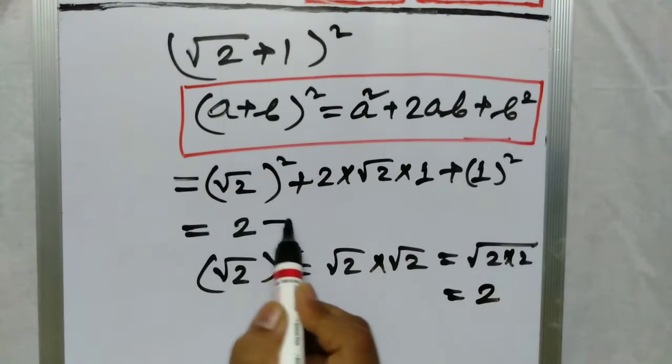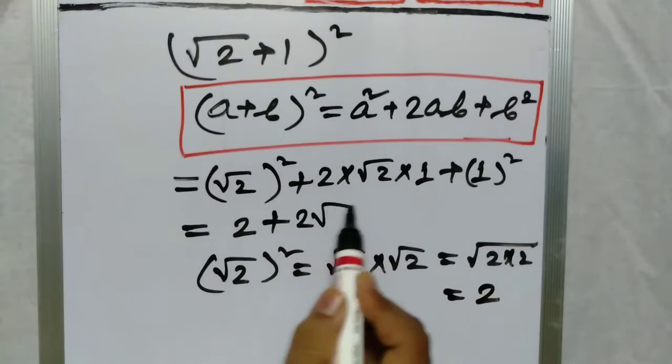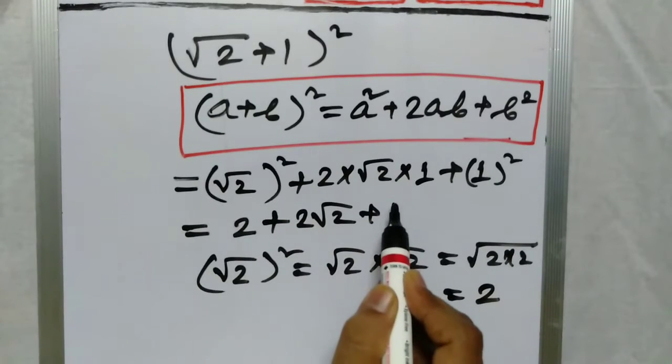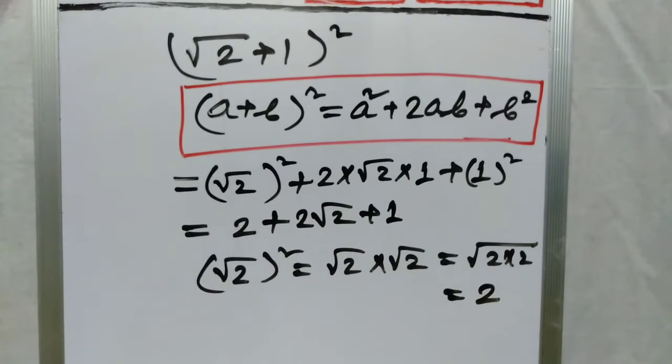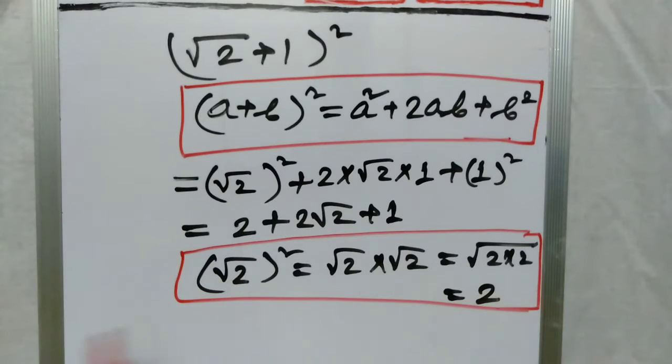So 2 plus 2 root 2 plus 1. (Root 2 plus 1) whole square is 2 plus 2 root 2 plus 1.